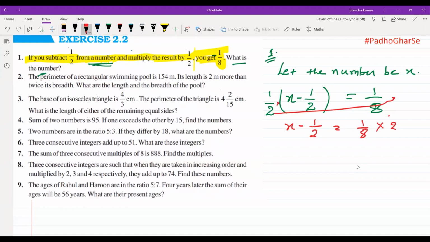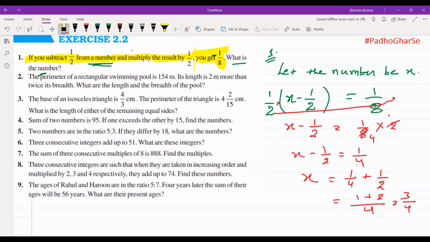As 2 is in division here, it will come into multiplication on this side, so we will have 1 by 4 here. Now this 1 by 2 will get added on this side. If we take LCM as 4, we'll have 1 plus 2, that is equal to 3 by 4. So 3 by 4 is correct.